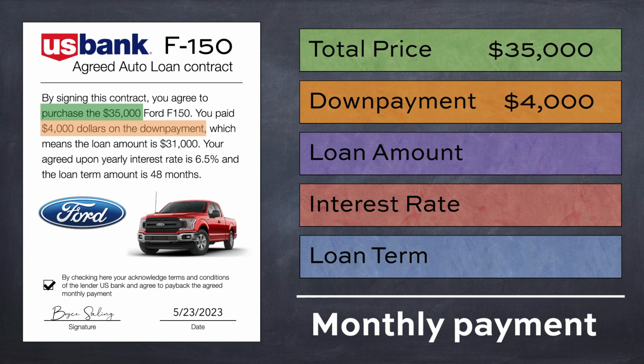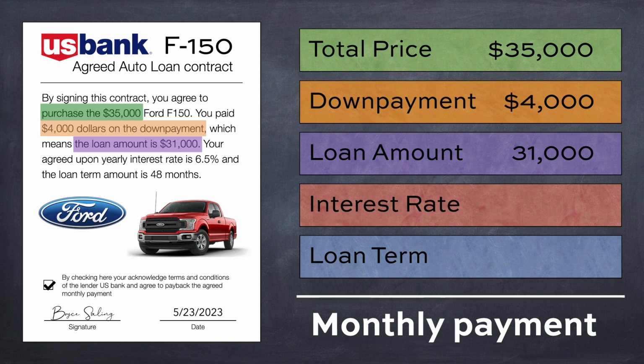And to find out the loan amount, that's the money that US Bank is loaning you. They're not loaning you the down payment. You already paid Ford $4,000, and now you need $31,000 left. And so again, it says the loan amount is $31,000 because the total price of the car was $35,000 minus the $4,000 for the down payment. So US Bank is loaning you $31,000.